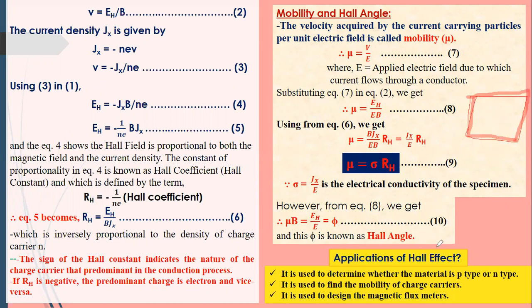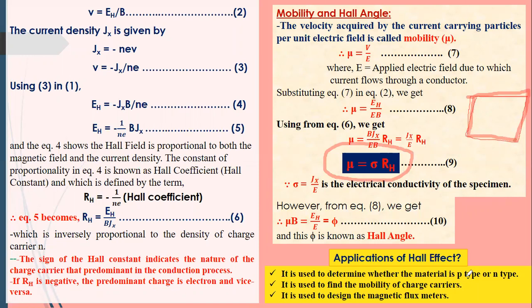One more application is that it is used to find the mobility of charge carriers, and for that purpose you can use equation number 9. The next application is that it is used to design the magnetic flux meter.